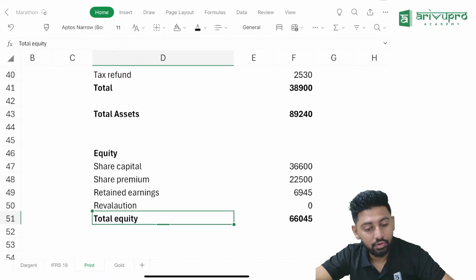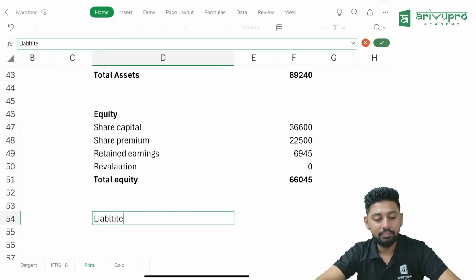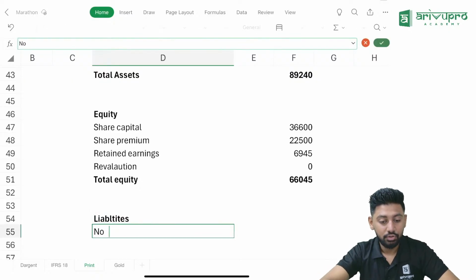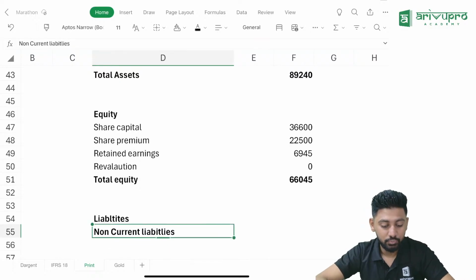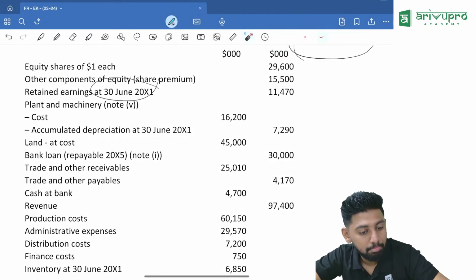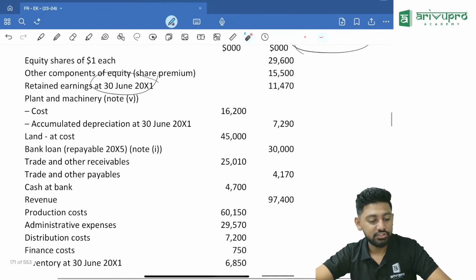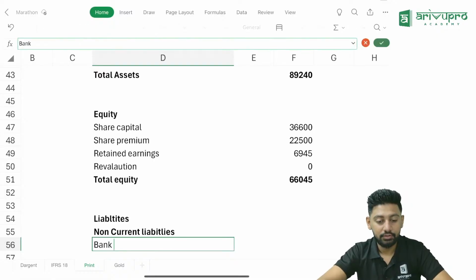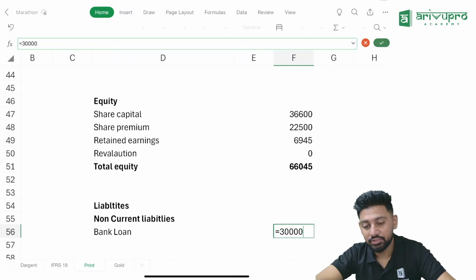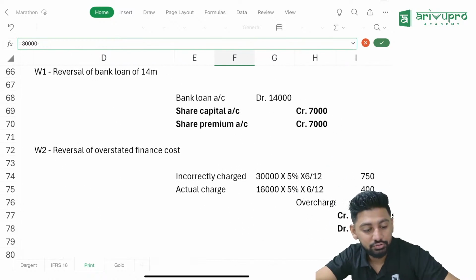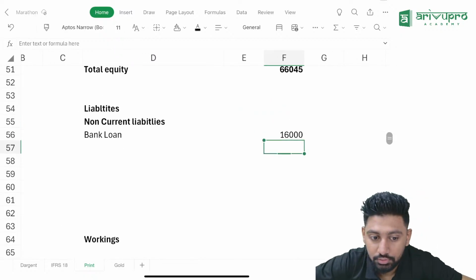Okay, now moving on, I have my liabilities. Under my liabilities, I'm going to start off with my non-current liabilities. We have bank loan, which they have already taken as 30,000, correct. Now, did we do any adjustments? Yes, we issued shares for 14,000, so we are removing that, making it 16,000.